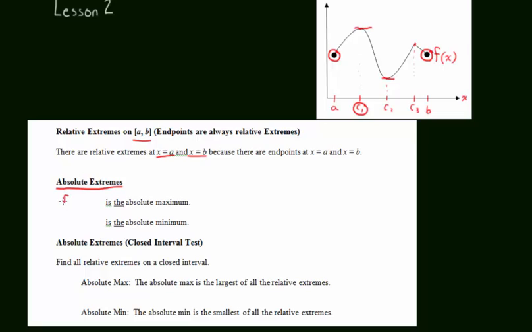So I'm going to say f of C1 is the absolute max, the absolute biggest, and f of C3 is the absolute minimum. And then there's finally this thing called finding the absolute extremes using a test called the closed interval test. I'm going to focus on that when we get to the example that uses the closed interval test. So for now, I'll just leave it like that.